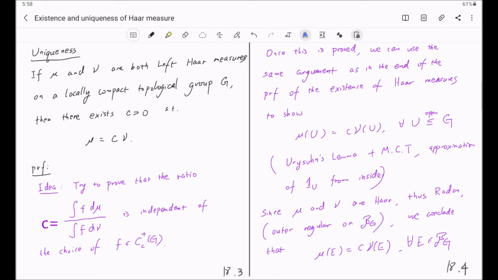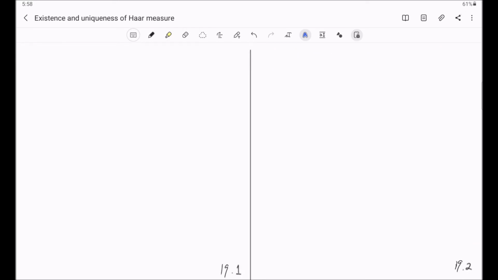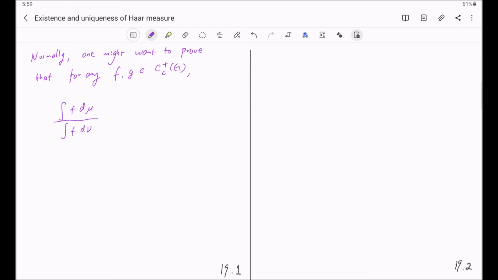So usually, if you want to prove that this is a constant independent of the choice of f, then you want to prove the following: for any f and g in C_c^+(G), the quotient with f is equal to the quotient with g.